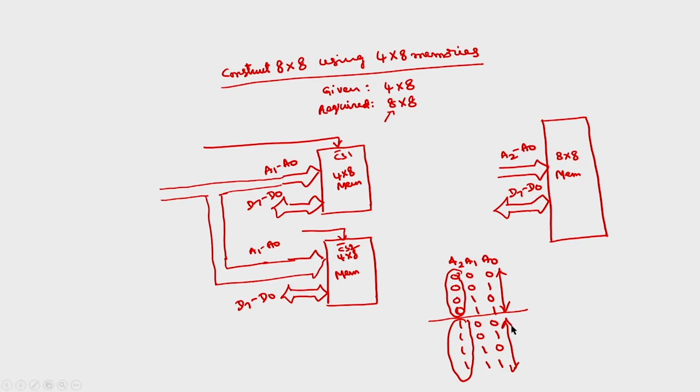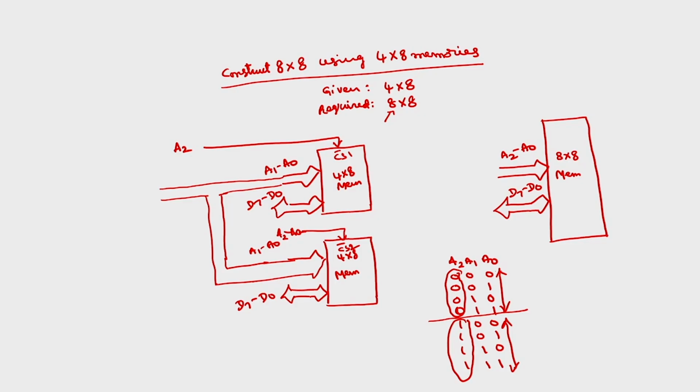So, for the first 4 combinations A2 is 0. I want to select this one, so I will connect its chip select directly to A2. For the next combinations I want to select the lower one, so I will connect this to A2 bar. A2 I will connect through a complement: A2 you pass through the NOT gate and connect to the chip select of the last one.